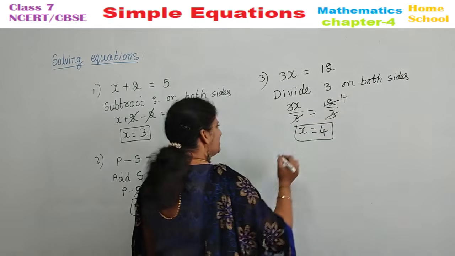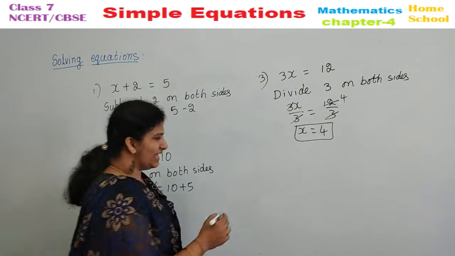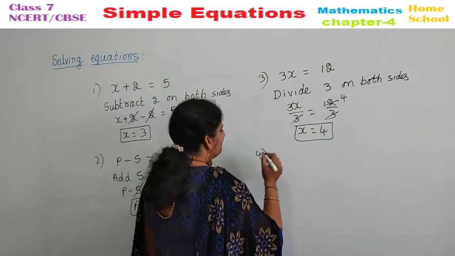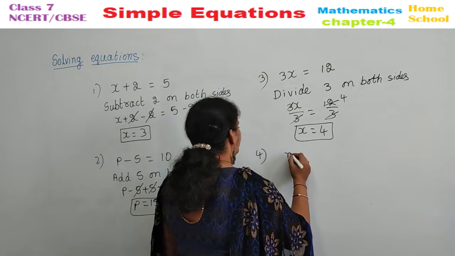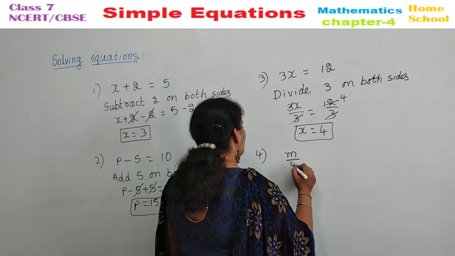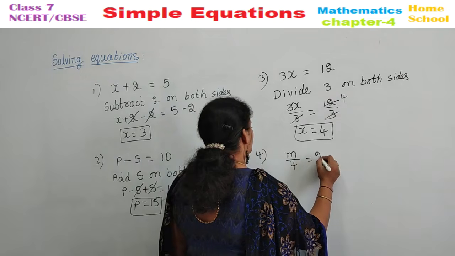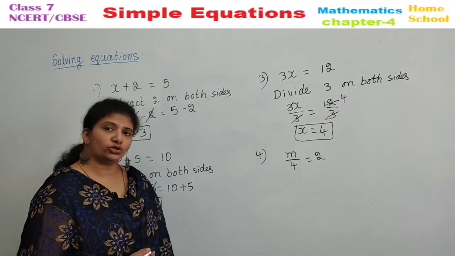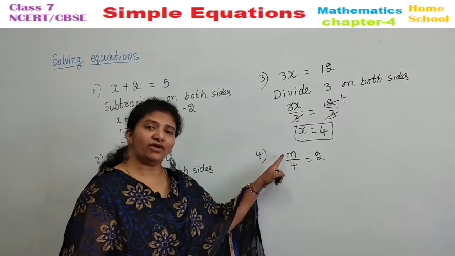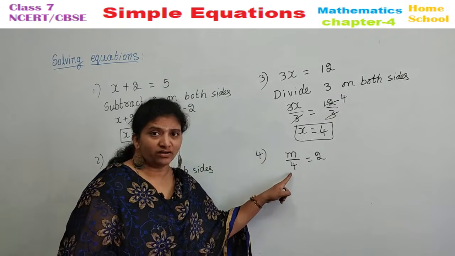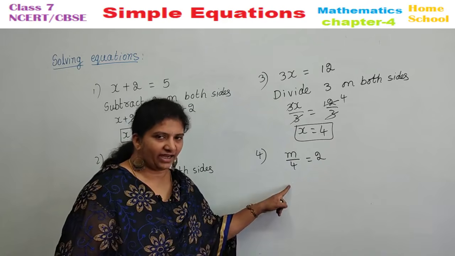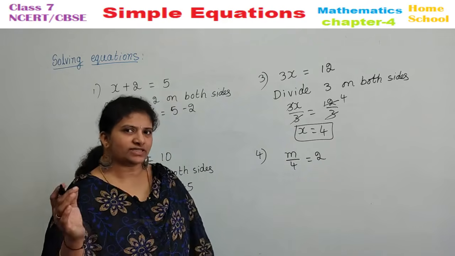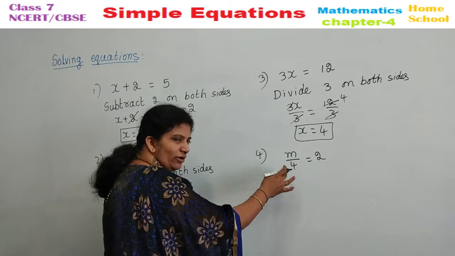What is the value of x? 4. And your last example here. Let me take m by 4 is equal to 2. Other than the variable, you have a number by which it is divided. Divide, opposite is multiplication. What number you have?